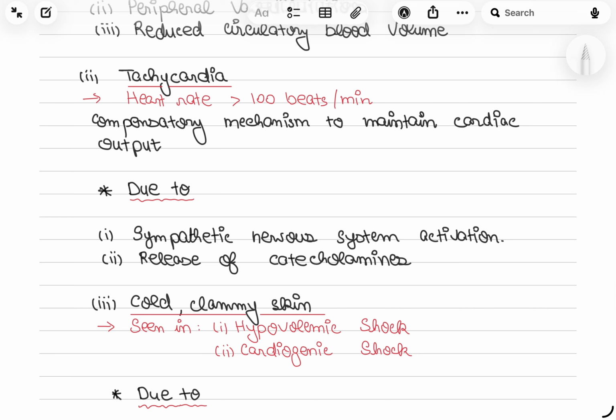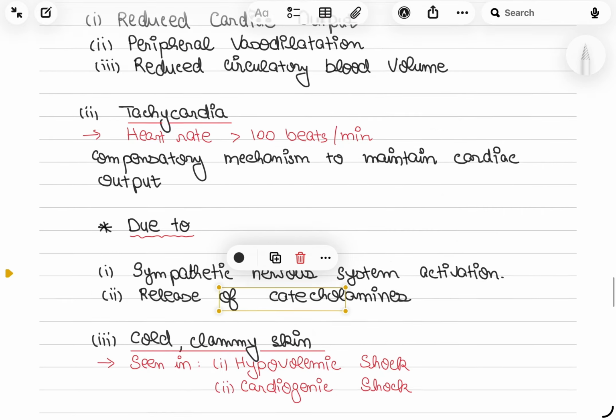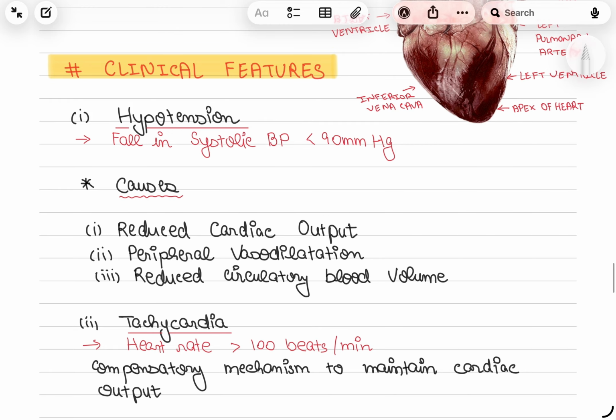Second is tachycardia. That's heart rate more than 100 beats per minute, and this is a compensatory mechanism to maintain cardiac output. This occurs due to sympathetic nervous system activation and release of catecholamines. I forgot to mention this: the normal BP in a healthy individual is 120 by 80 mmHg.